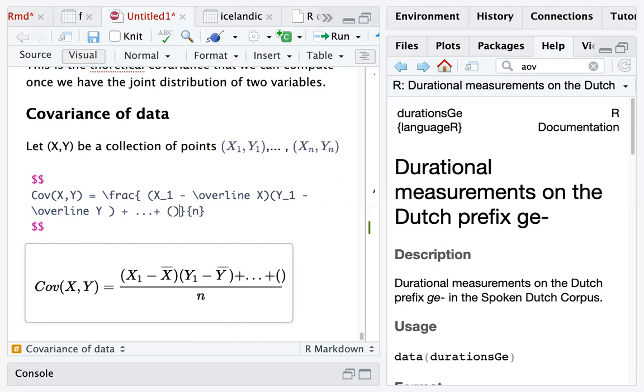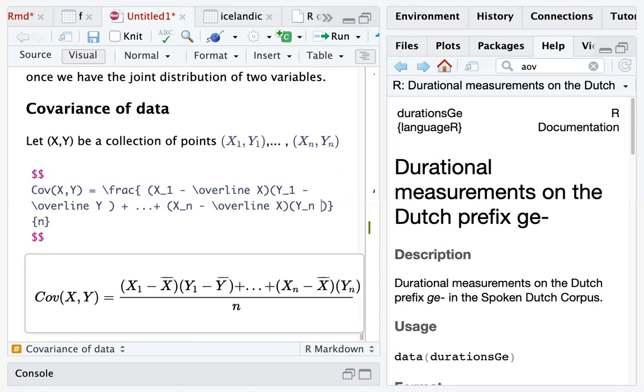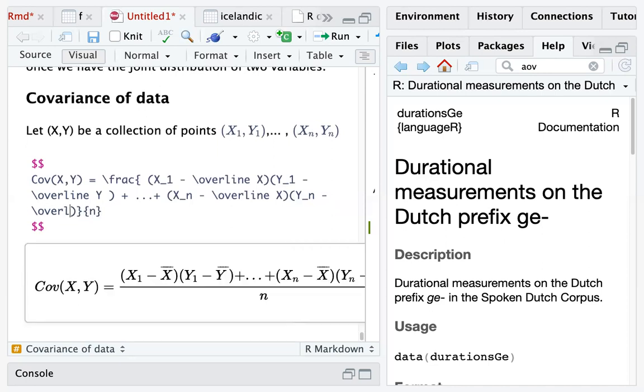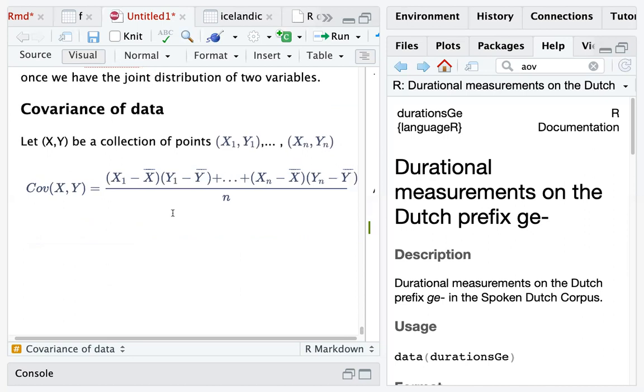So we also compute xn minus the mean of x times yn minus the mean of y.